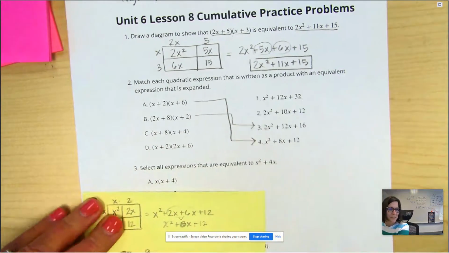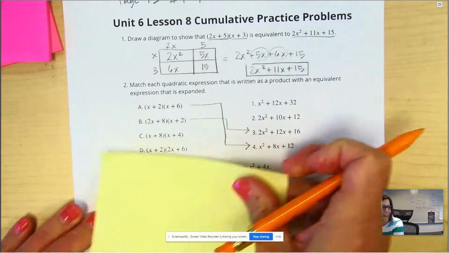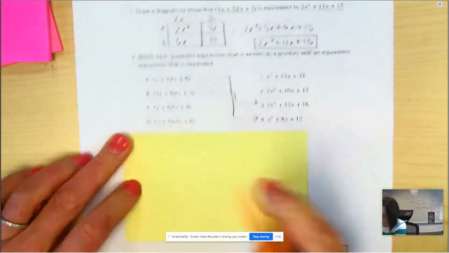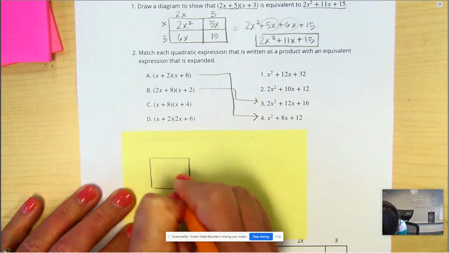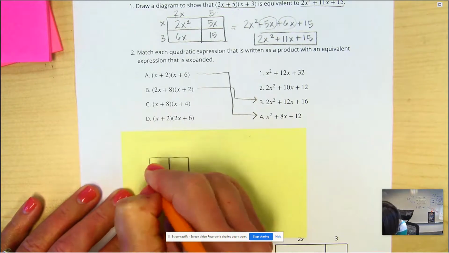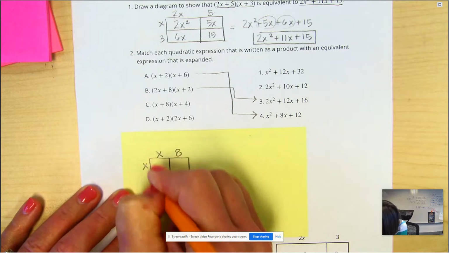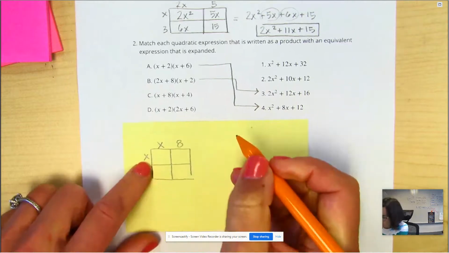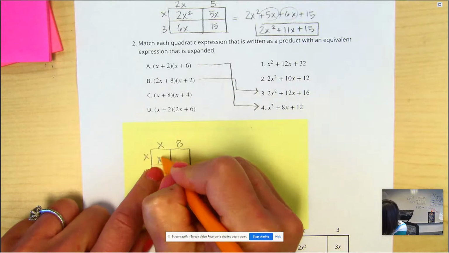My fancy arrows. Okay. Oh, new sticky note. C. And some students get way better at these and can start doing them mentally, and that is okay if that is you. X plus 8 times x plus 4. An x times an x makes an x squared.